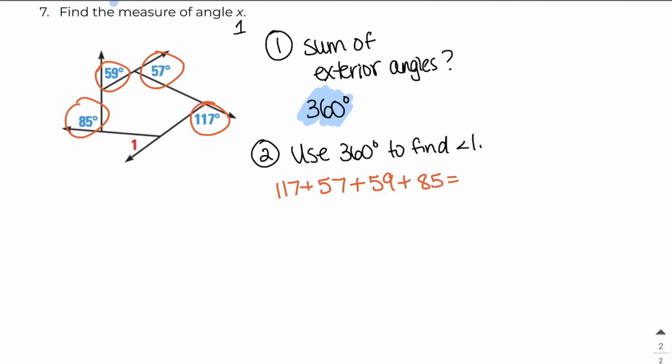What do I get when I add those all together? 318 degrees. So I know that they'll all add up to 360, so all I have to do is take my total, which is 360, subtract that 318, and I end up getting 42 degrees. So therefore, the measure of angle 1 is equal to 42 degrees.